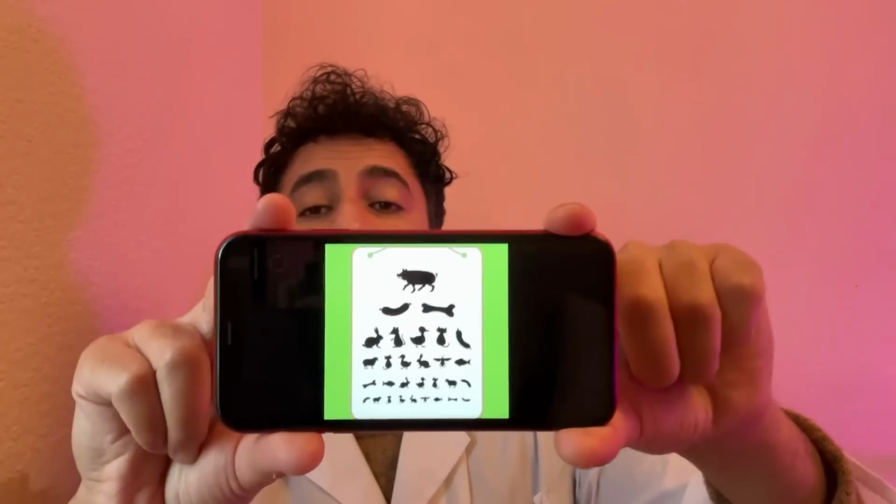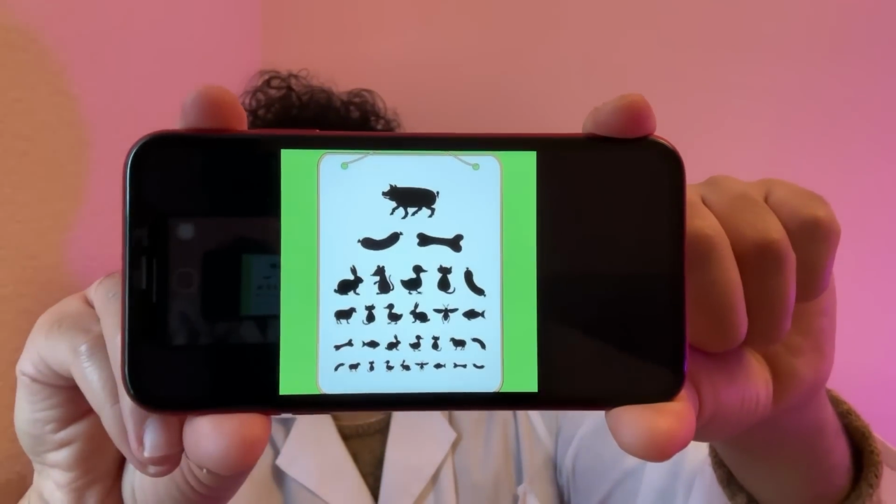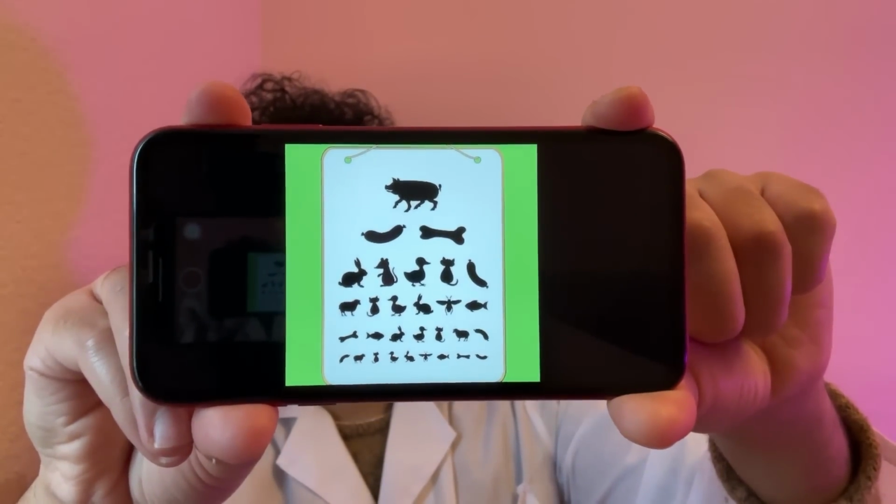Okay, for this next task, I'm going to ask you to spend some time and count how many quack quacks you can see on this vision chart, please. Are you ready? Eyes peeled, have a look at the chart there and count the quacks.